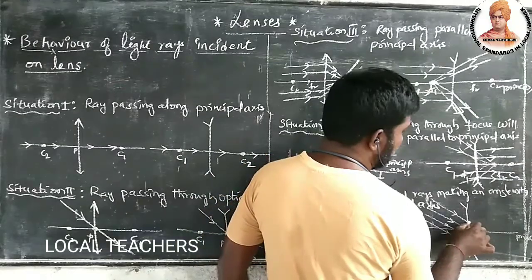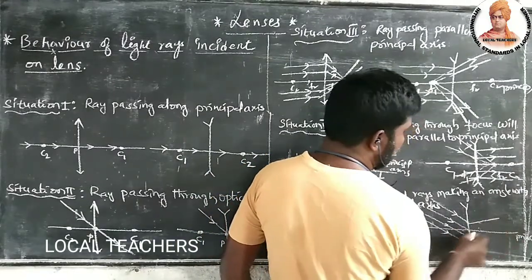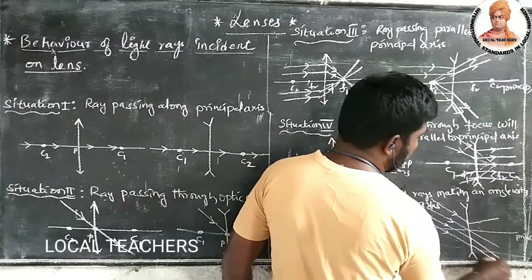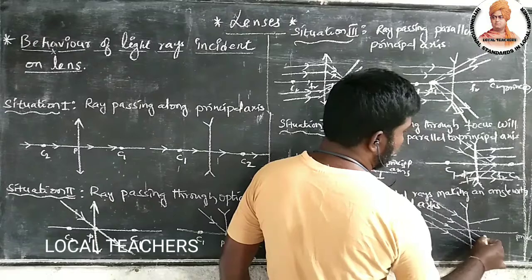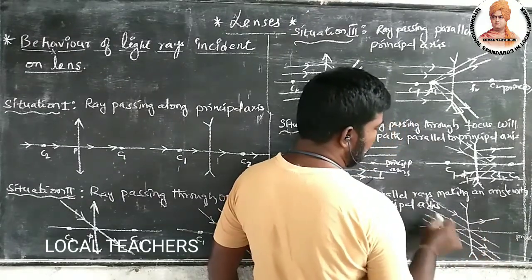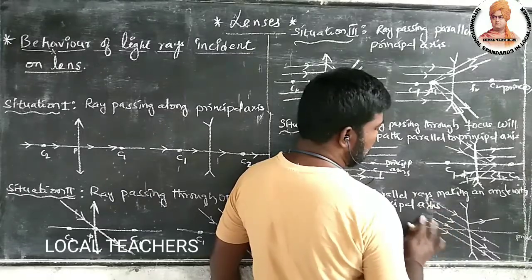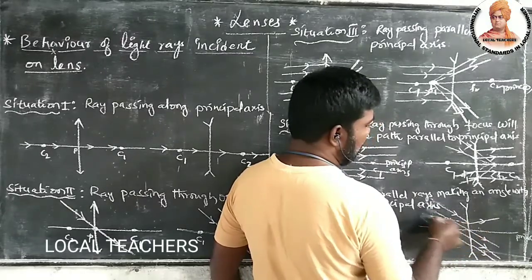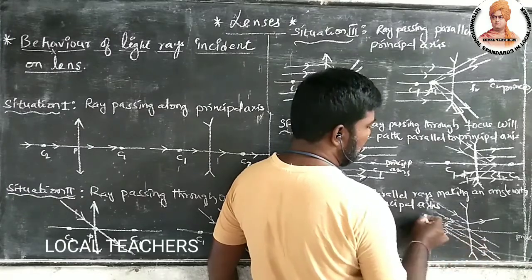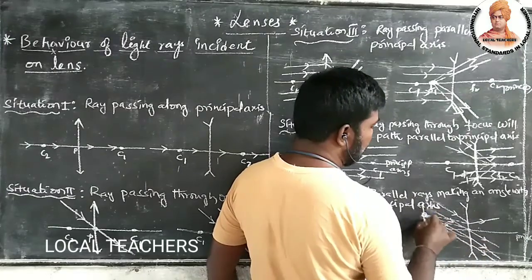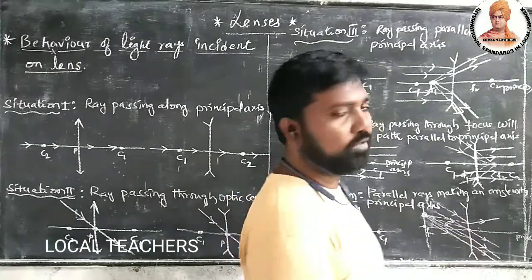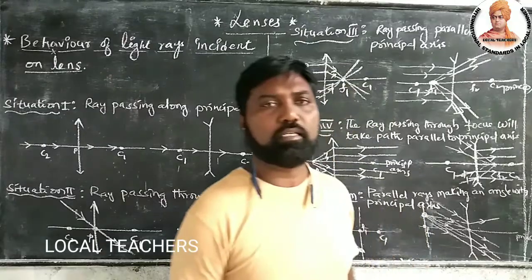Here these are diverged like this. If we extend them backward, all of them will meet at a common point, which will be on the focal plane only.